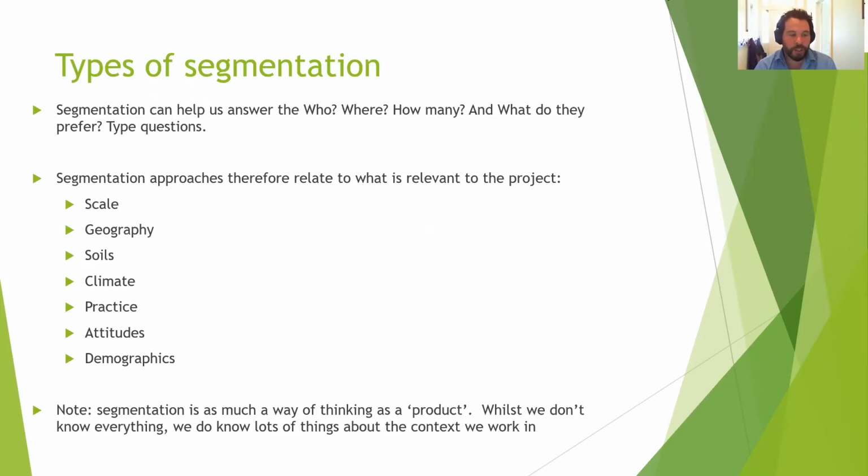Climate differences, practices. So where are our audience on a spectrum of practice improvement, or room for improvement, is a measure that we've used before. Some of these things you can measure through self-assessment of current practice.